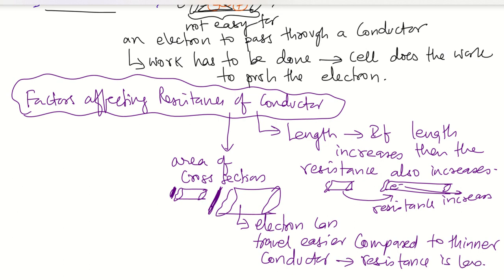If you have a thin wire, the resistance is high because there is very little space to escape.